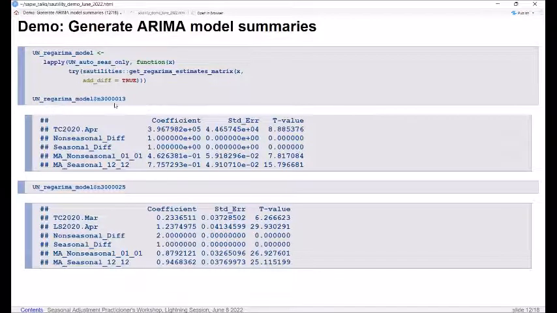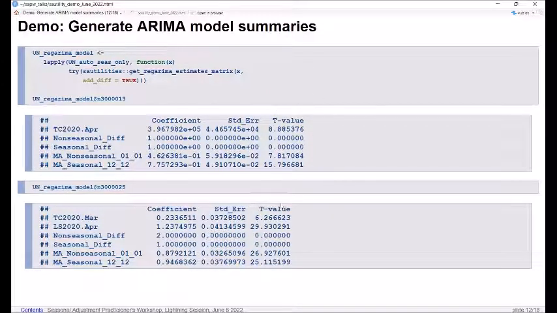And here you see this is the regARIMA model for the unemployment for 16 to 19-year-old males, and here's the regARIMA model for the 20+ males. And this is set out in a much nicer format than what you get, say, from the raw numbers produced by the seasonal package.